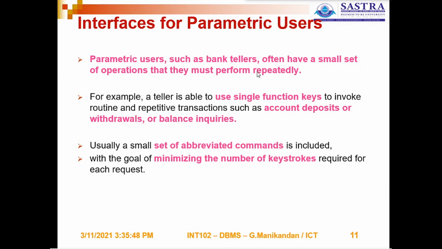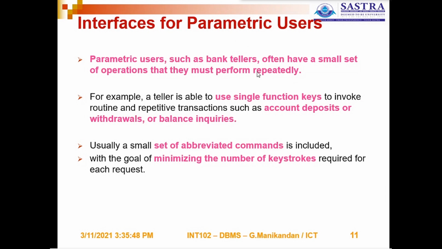For example, after giving the account number, if the user presses F5 or F8, you can program a function key so that the function is invoked immediately and the user can retrieve the answer. That is the idea behind your parametric user.